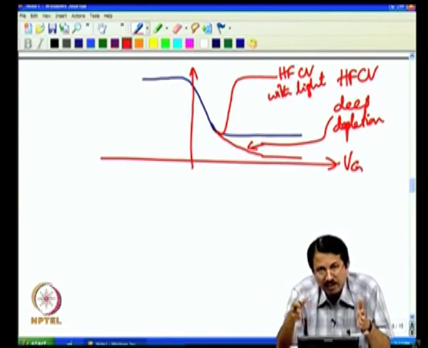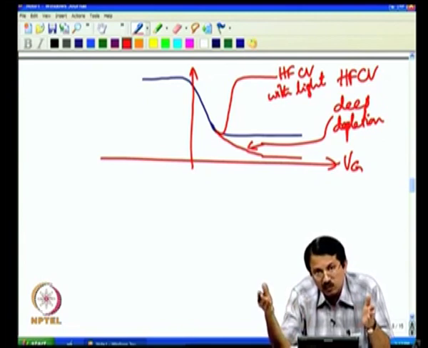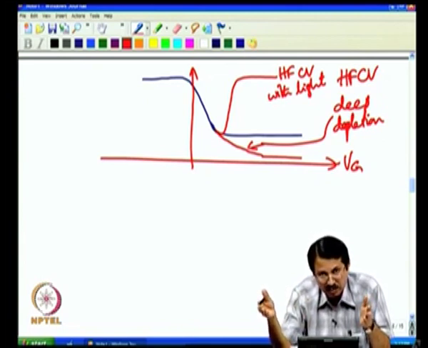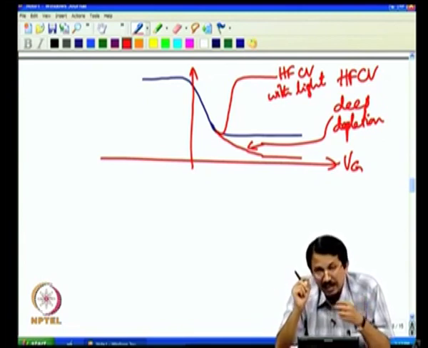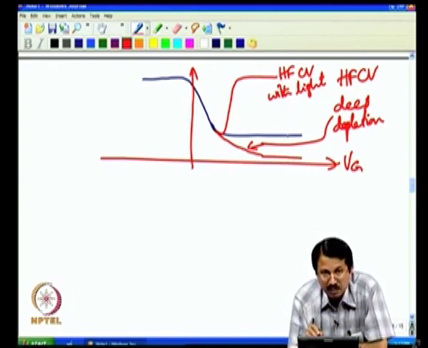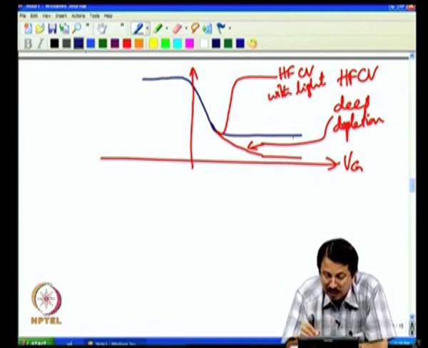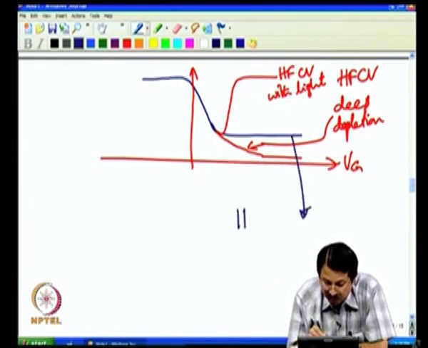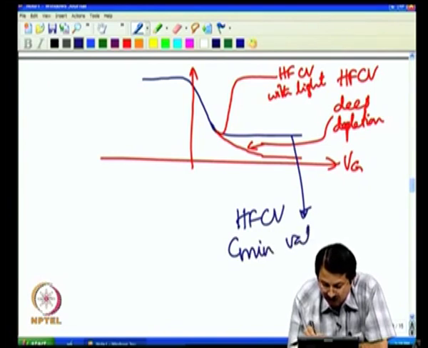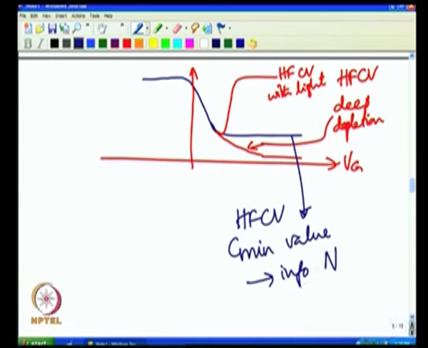A particular wafer that you are using, right, did it have 10 power 15 or 5 into 10 power 15 doping concentration? That information you can precisely get if you do this measurement precisely. If you get a precise minimum value of this capacitance, as we will see a little later in CV analysis, this minimum value, HF CV C min value, can give us information about doping concentration.